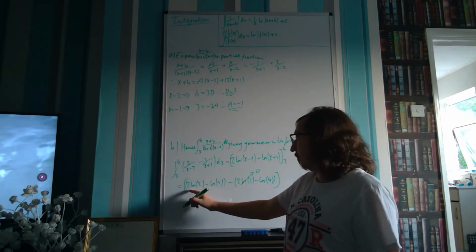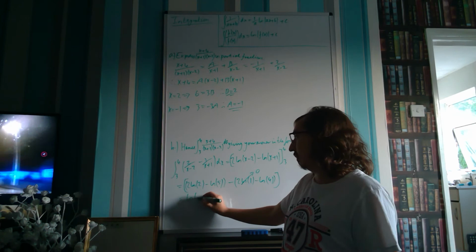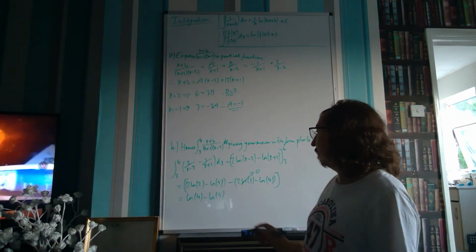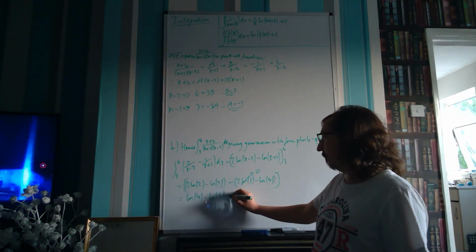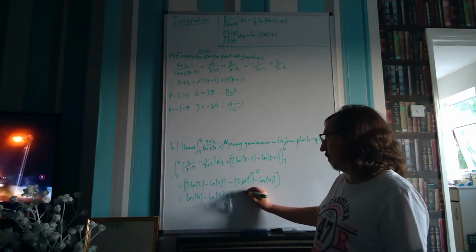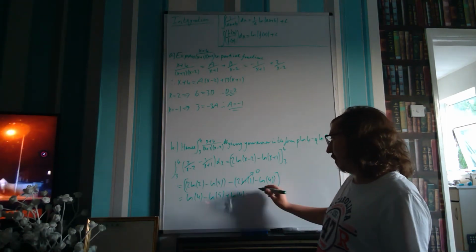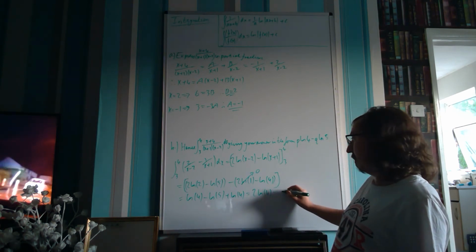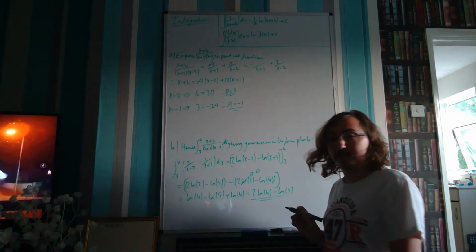So, rewriting this a little bit, you've got the natural logarithm of 2 squared, or the natural logarithm of 4, minus the natural logarithm of 5, minus the natural logarithm of 4, which becomes plus the natural logarithm of 4. So when you add these together, you have 2 times the natural logarithm of 4 minus the natural logarithm of 5.